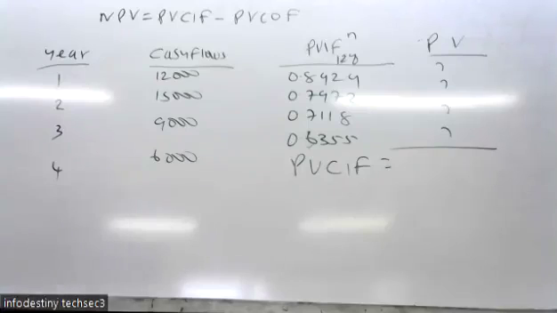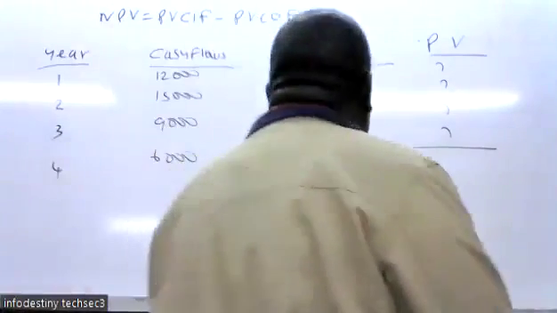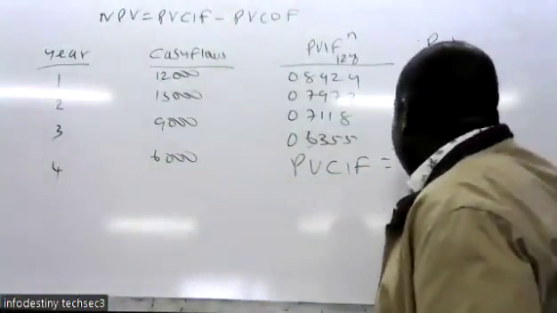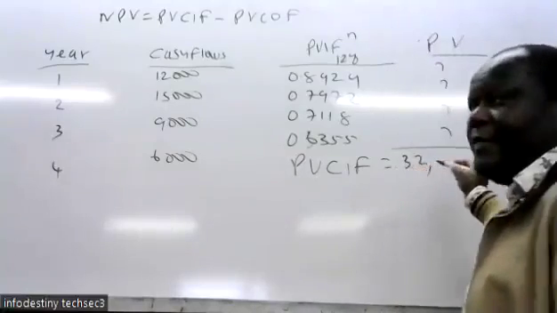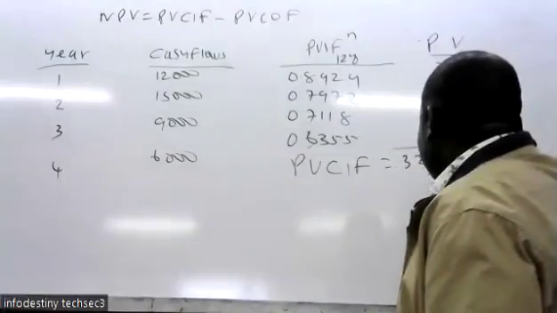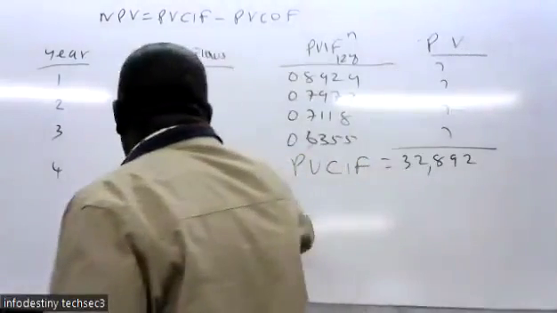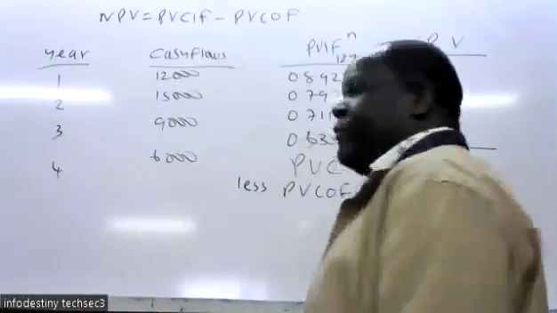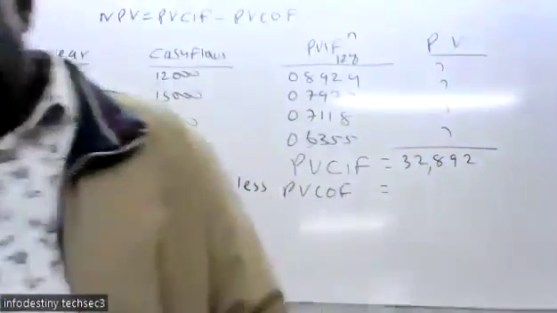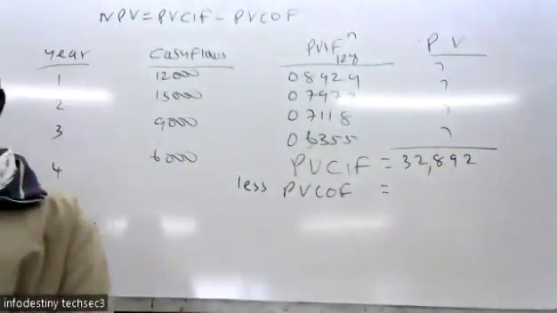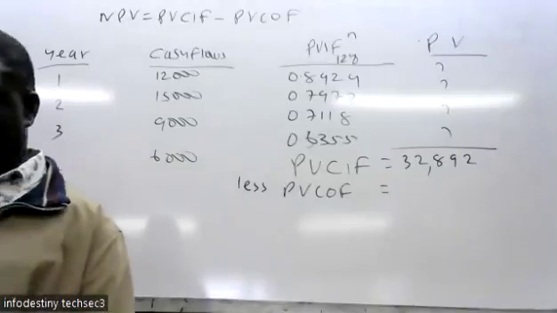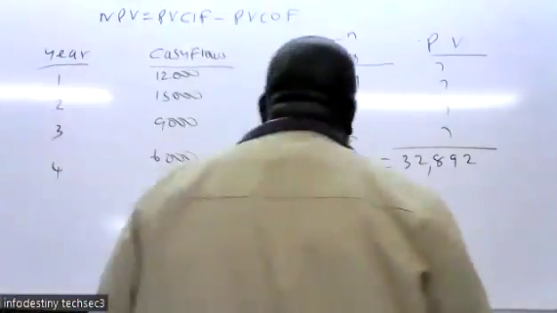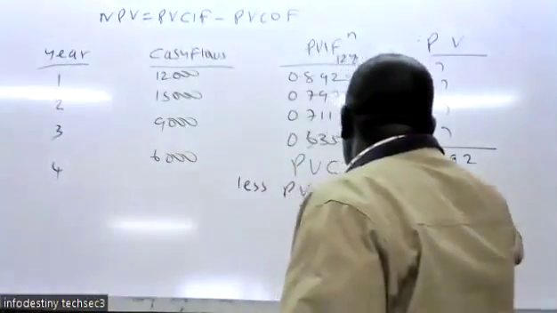So, what are we getting as the total present value for the cash inflows? We are getting 32,892. So, you are supposed to minus present value for the cash outflow. The present value for the cash outflow will be the same as the initial cost. You can see what you are given in the first paragraph. That initial cost was 30,000.